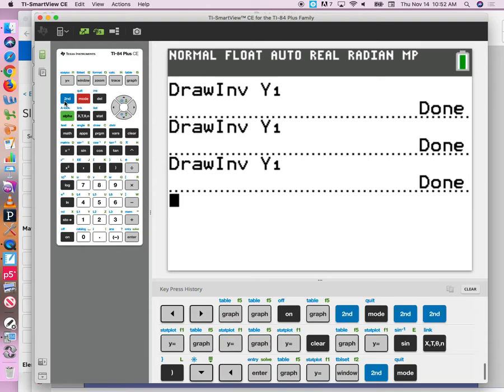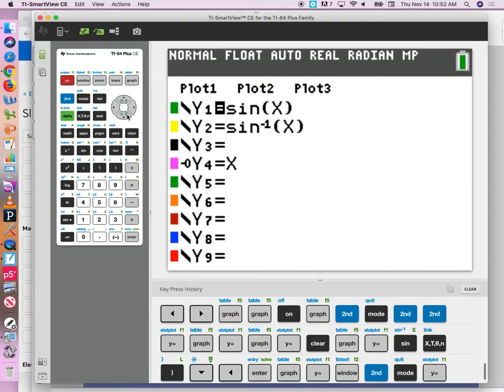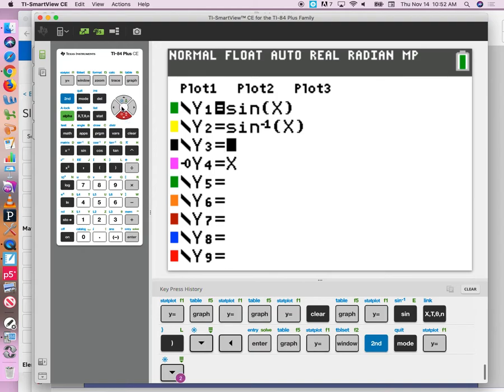Notice the words there. Does it say draw inverse function? No. Because it's not. My sine is a function, but it's not one-to-one. So all it's about to do is switch all the x's and y's, which should reflect it over the line y equals x, right? So let me go back to y equals, and let's turn on the line y equals x, so you'll see that happen.